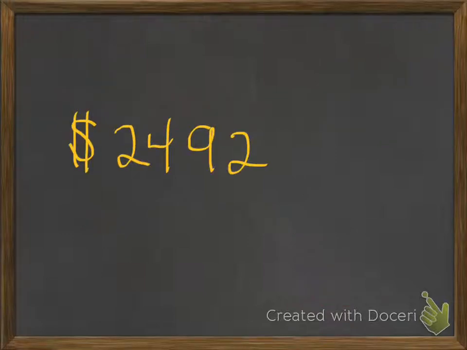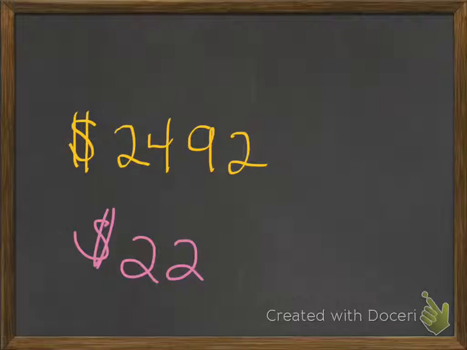So our answer, 2492, is going to be really close to about $22. And the way it's written right now, 2,492, that's way off. So where should the decimal point go? Well, if our answer is going to be pretty close to $22, it's probably going to be $24.92. So we just used number sense to figure out that our answer is probably going to be about $22. Given the numbers that we have, the answer must be $24.92.